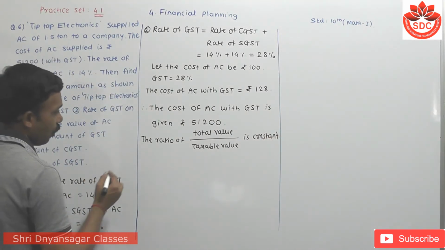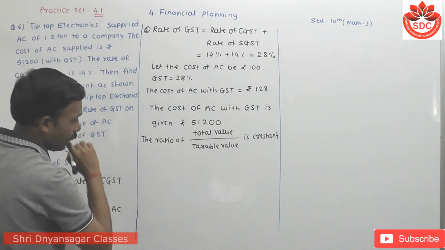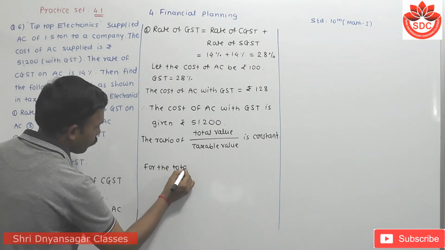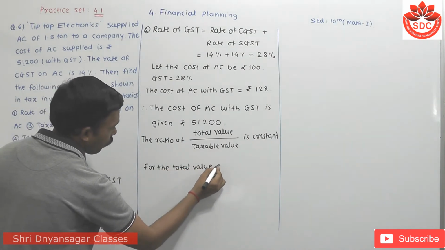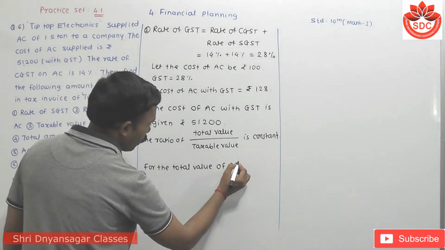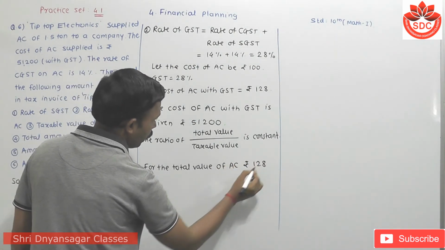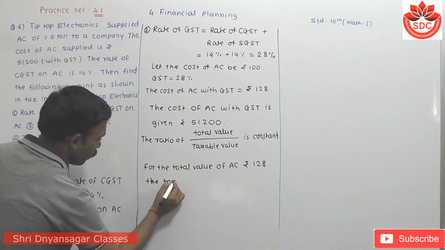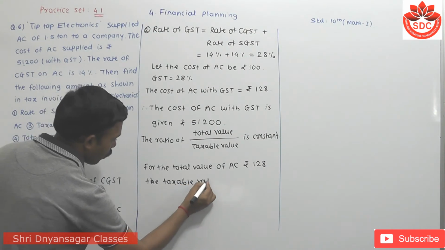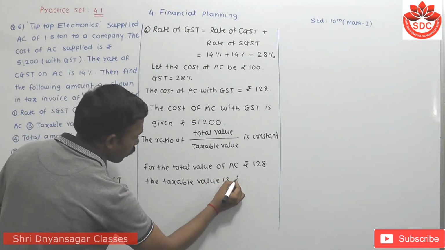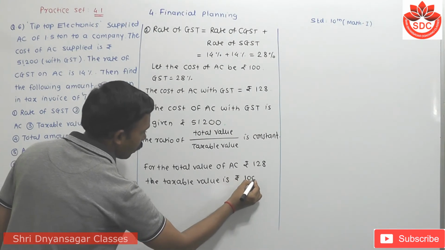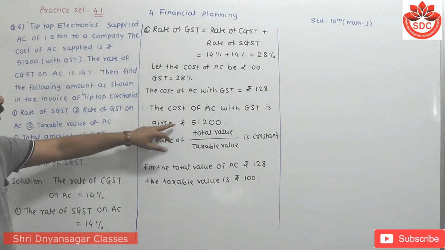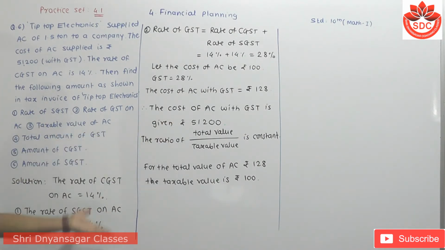Therefore, for the total value of AC rupees 128, the taxable value is rupees 100. Then for the total value 51,200, the taxable value be X.